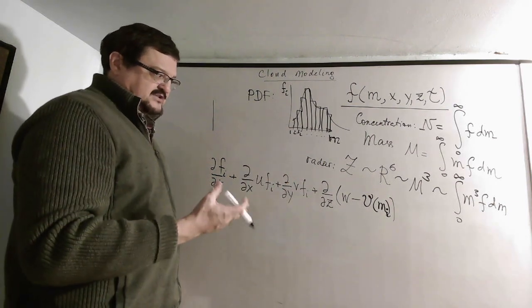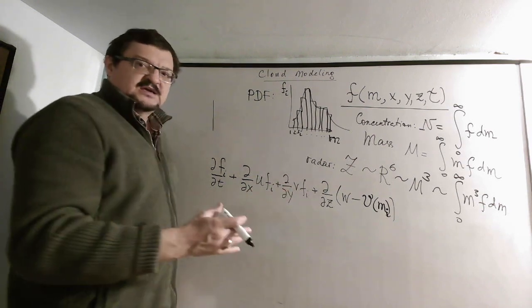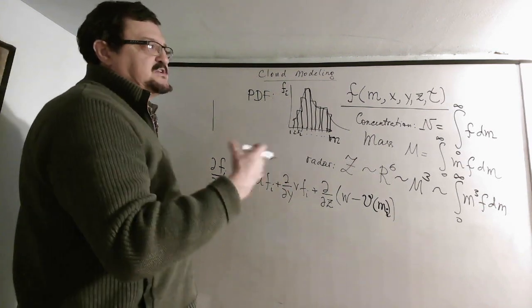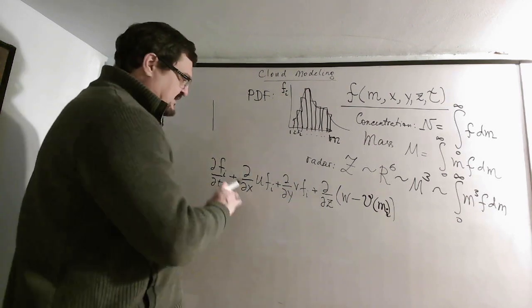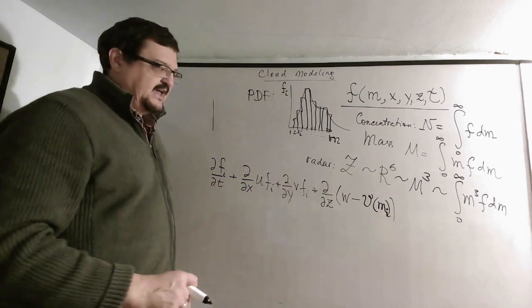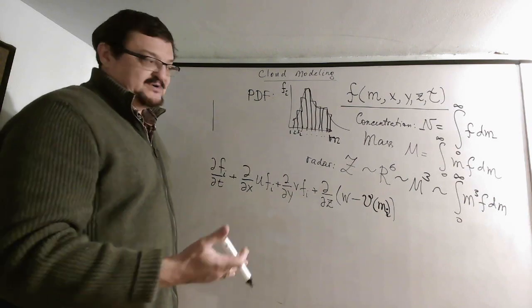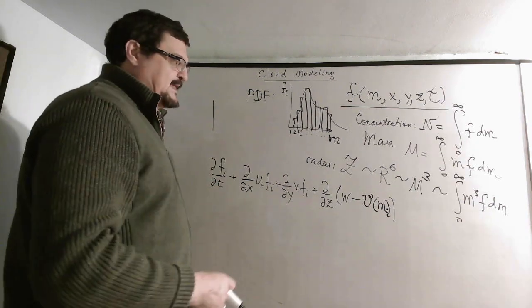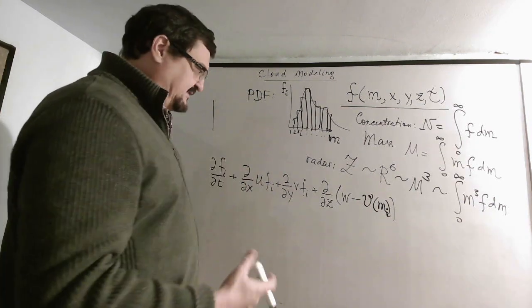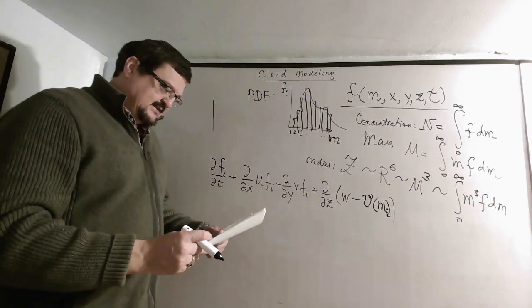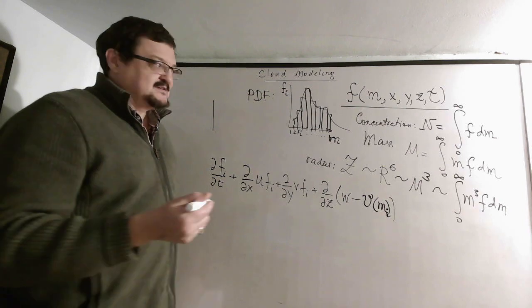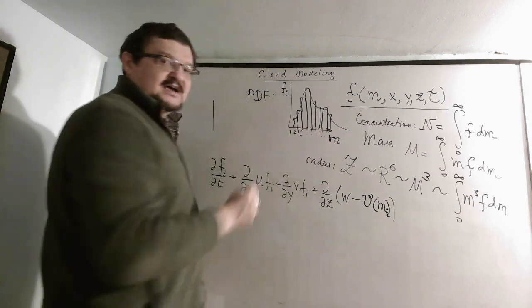And of course an additional complication is that this f cannot be negative, so you need to use a positive definite or monotonic scheme for this quantity f, and that's another complication because those are expensive, so that makes it even more expensive.